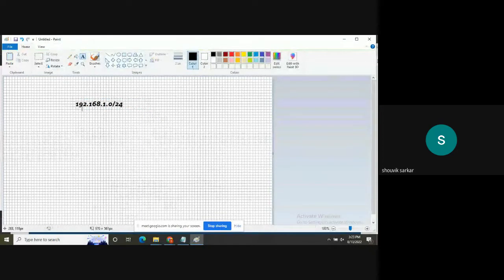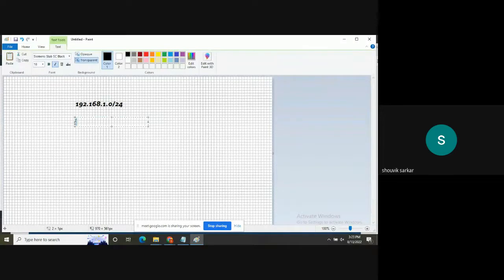That means within these 32 bits, the first 24 bits go to the net ID, and 32 minus 24, the last 8 bits, are the host ID. That many hosts are possible.